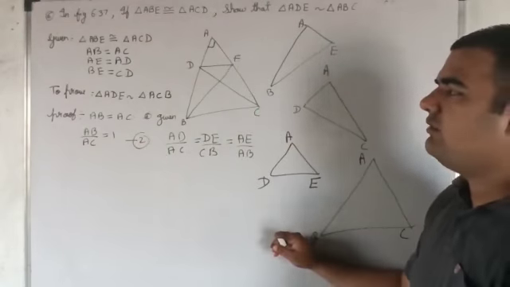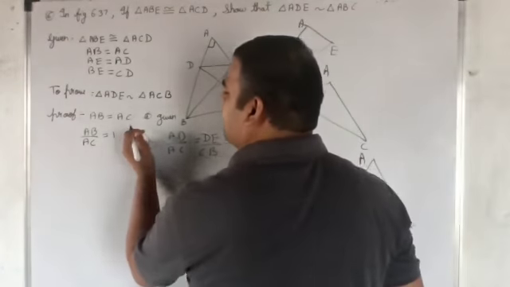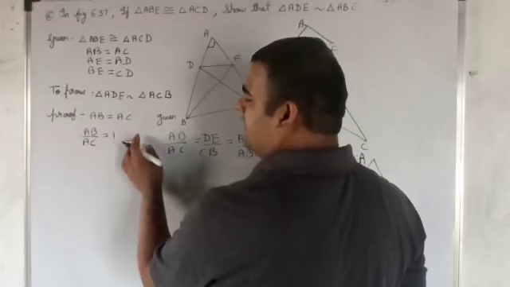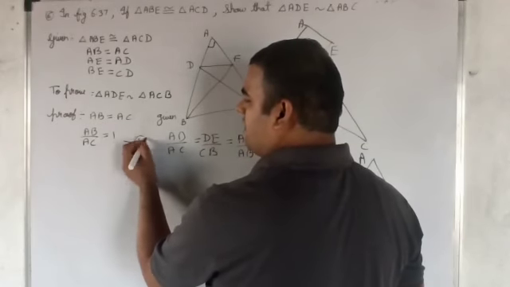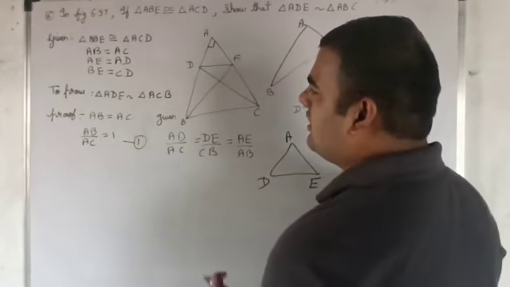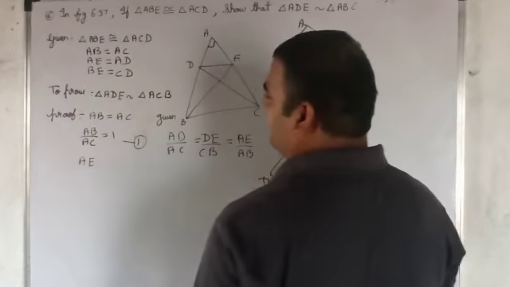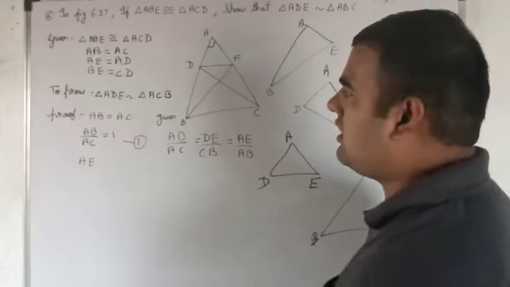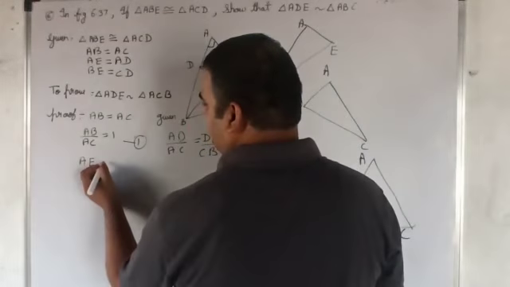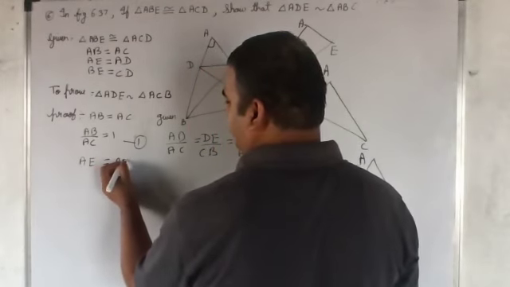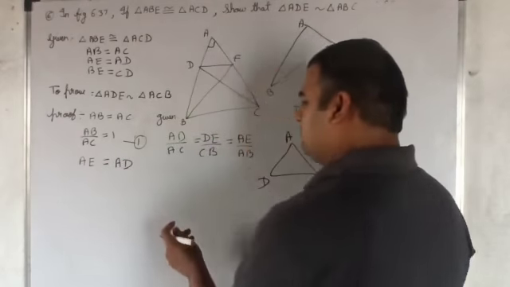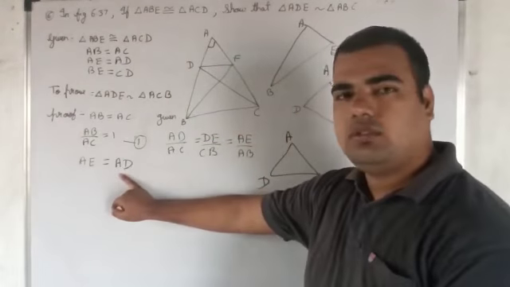We will say AB equals AC as equation 1. The next given is AE equals AD. Now, be careful.